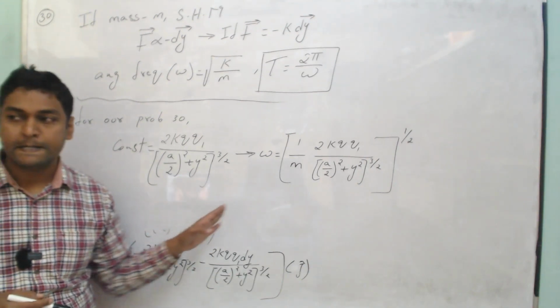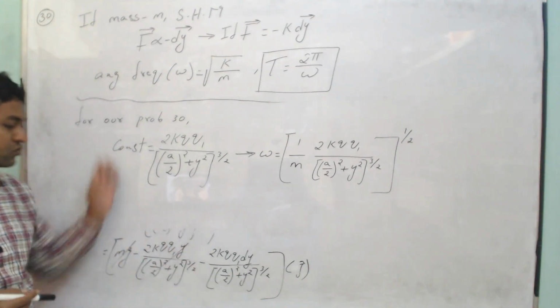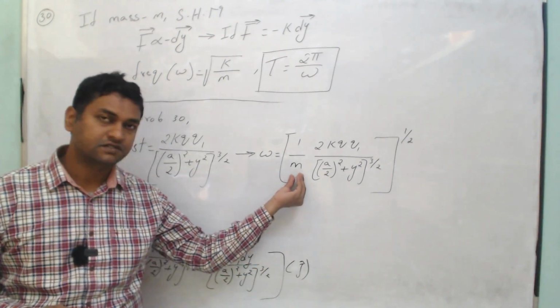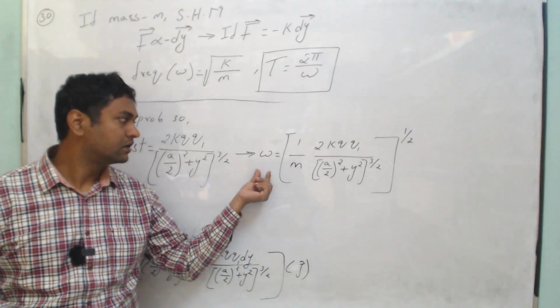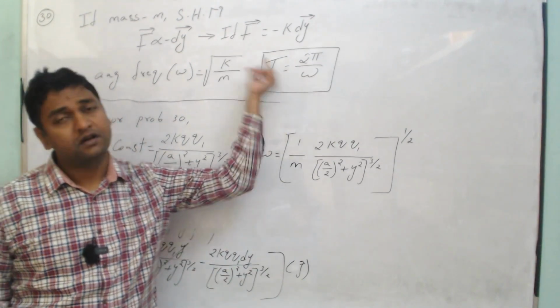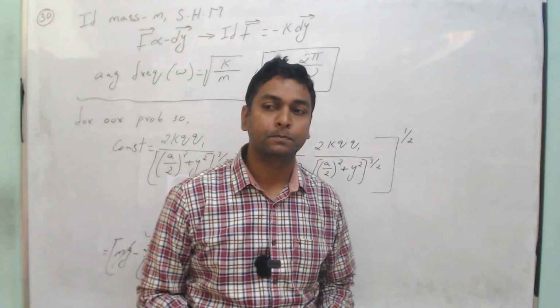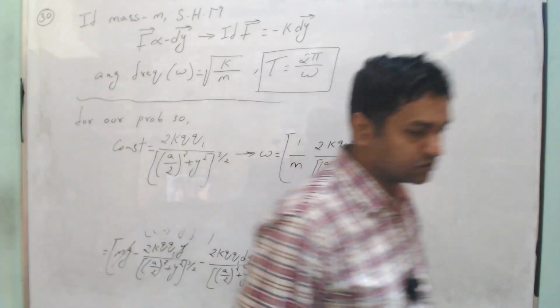Is this clear? Under root of the entire constant divided by mass is my omega. And once I get omega, my time period is 2 pi by omega. Is this clear?